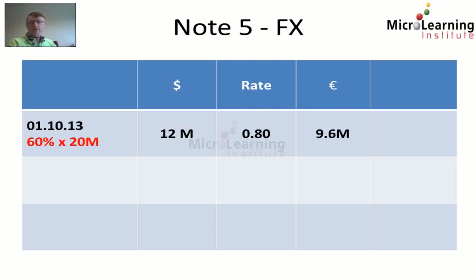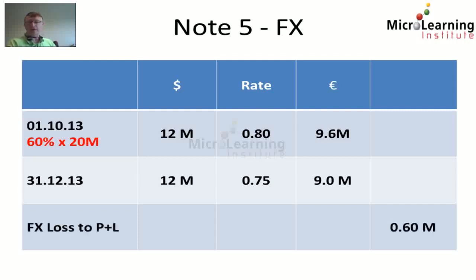Okay, and this 9.6 million is an asset because it relates to a refundable deposit. Now, at year end, we still owe the suppliers the 12 million, but in this case, the exchange rate has moved to 0.75. So now our asset, which is our refundable deposit, which was initially recognized at 9.6 million, is now recognized at 9 million.